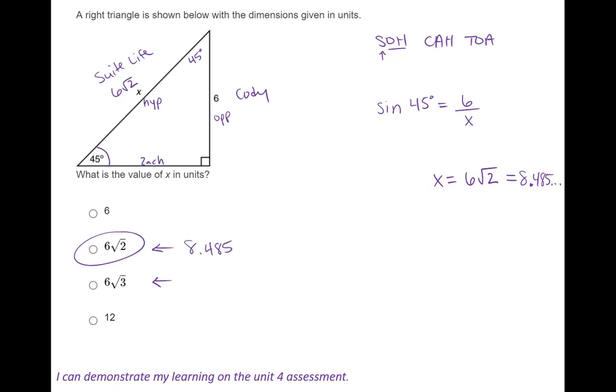And I'll tell you really quickly what the other one is, just for argument's sake. 6 times the square root of 3 gives me 10.392. So that would be your way to do it. If you did it with trig, you could still verify that your answer is correct. Again, Zach and Cody is going to be a lot faster.